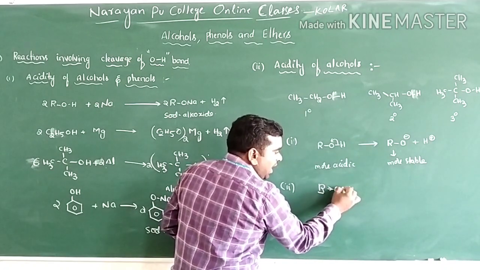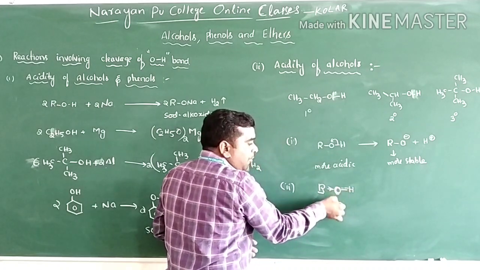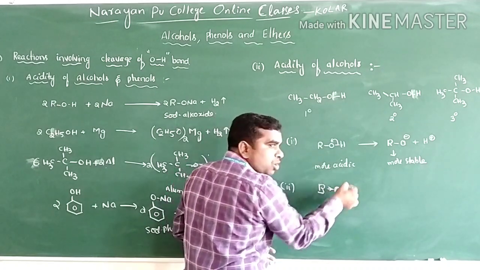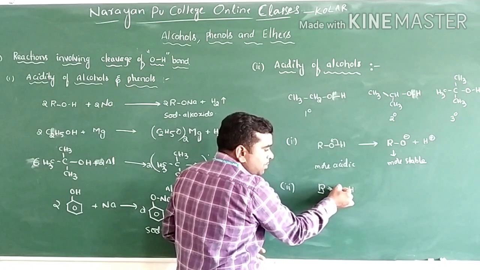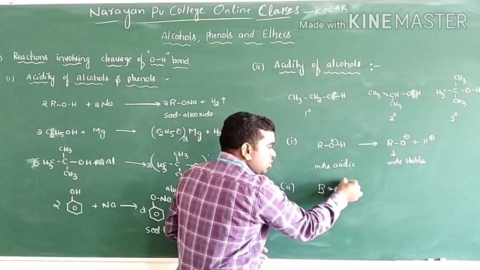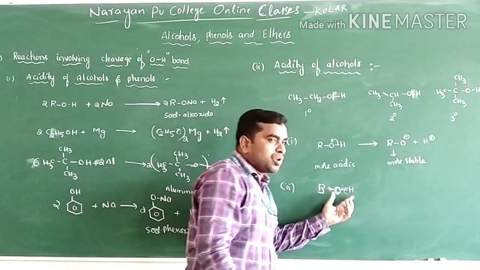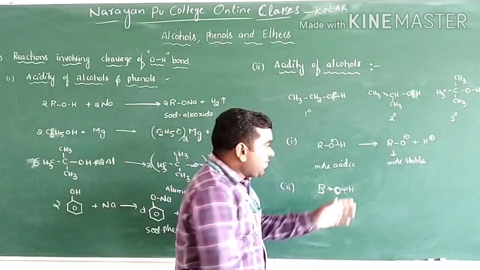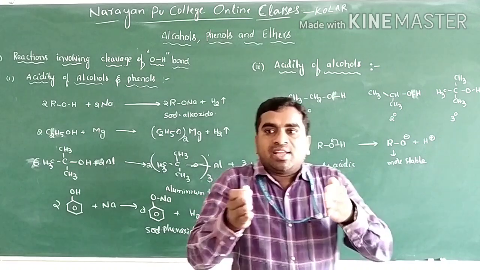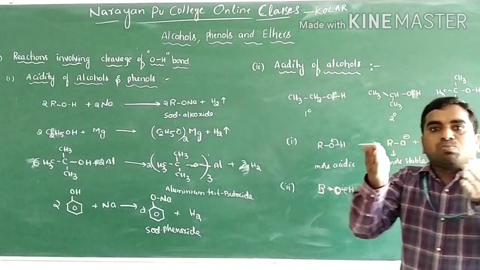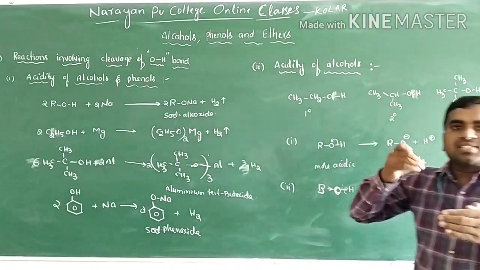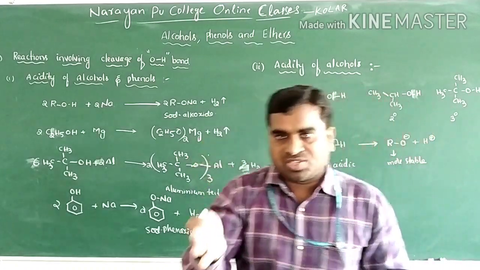So the electron density in the OH bond will be more. More means it is like a double or triple bond. So that's why this bond will not break easily, so it is less acidic. If electron density is less on the OH bond, then it releases the H+ ions very fast.